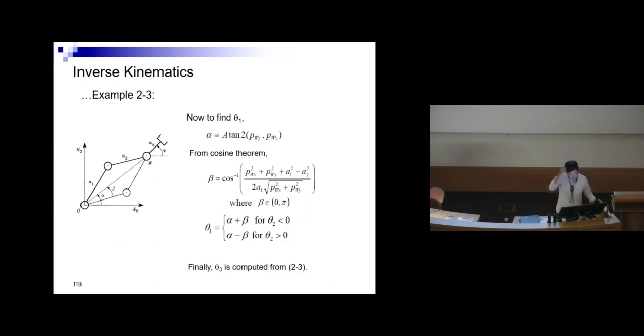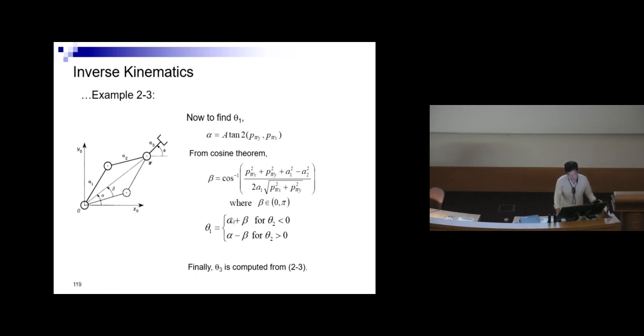Then after that, you move on to find theta 1. The alpha, this angle here, is equal to atan2 of Pwy over Pwx. Then you use the cosine theorem, and you'll be able to find the beta.